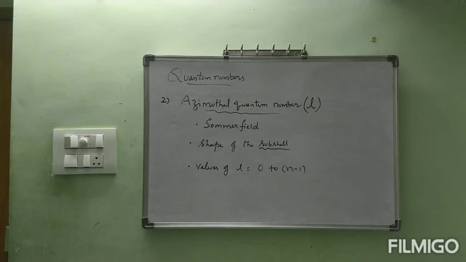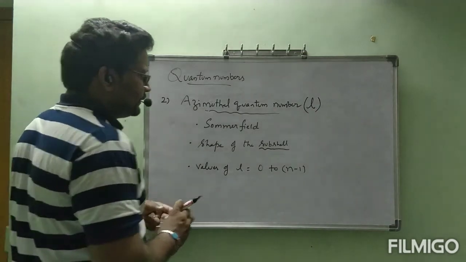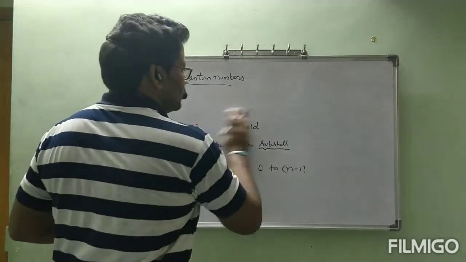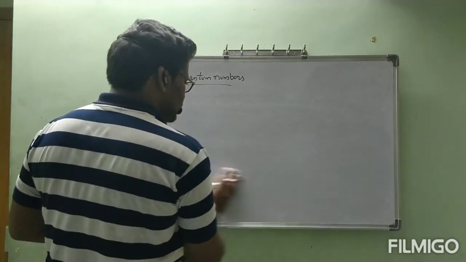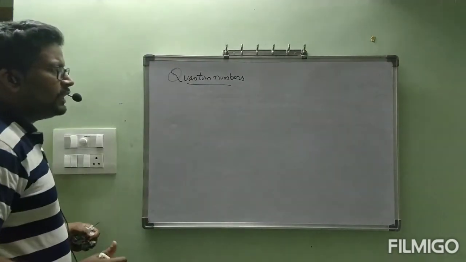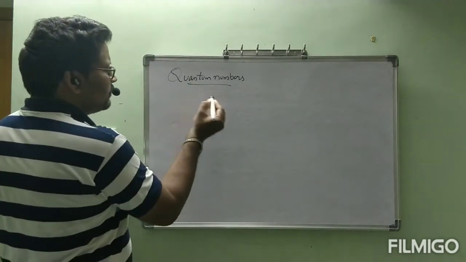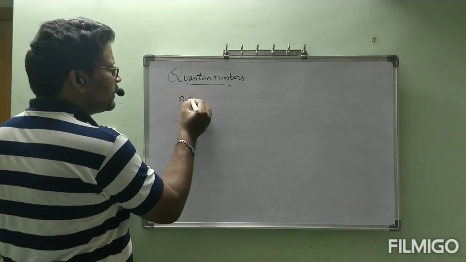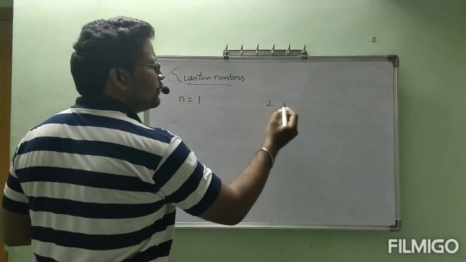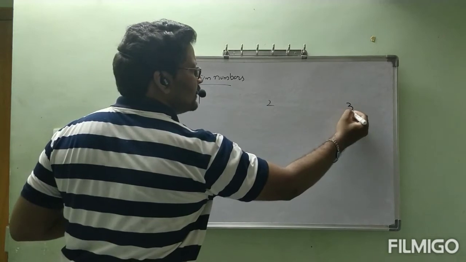Okay, now let us see the explanation. I am taking 3 n values, principal quantum number n is equal to 1, n is equal to 2, and n is equal to 3.